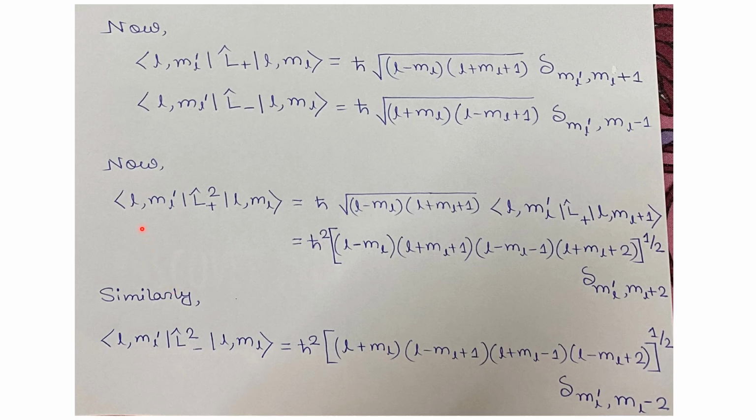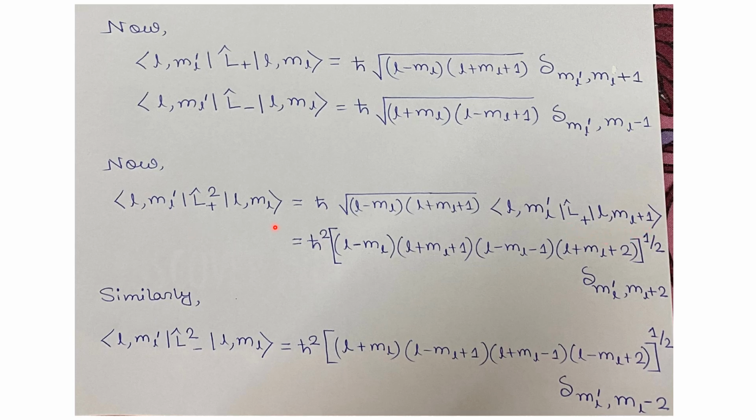Now this matrix element, that is the L plus cap operator whole square sandwiched between these two states <l, ml dash| and |l, ml>, will give ħ times root over (l minus ml) times (l plus ml plus 1). So basically it is coming when we are acting this L plus operator on this |l, ml> state. The remaining term will be the <l, ml dash| state, and L plus cap is sandwiched between these two states, that is <l, ml dash| and |l, ml plus 1>.